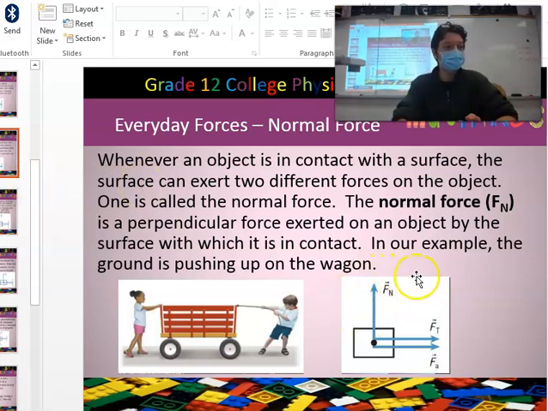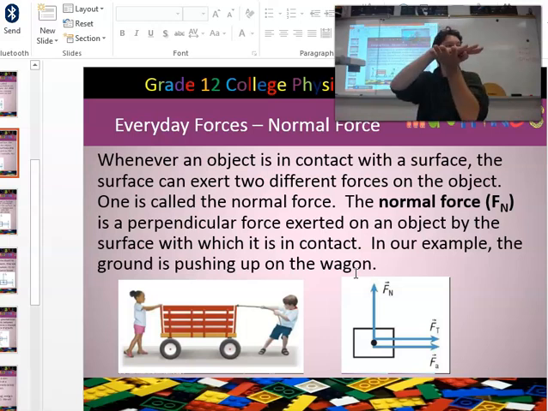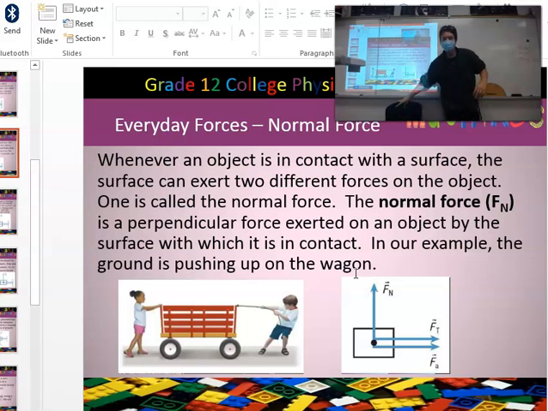We write it Fn, and the normal force will always be perpendicular to the surface it's in contact with. So if you have a book on a table, the normal force is going to be up. But I could also be over here leaning back on the board. And therefore, there's a contact force between me and the board.